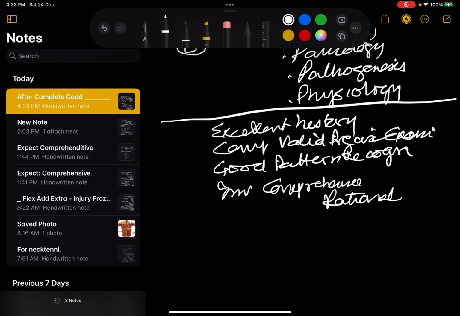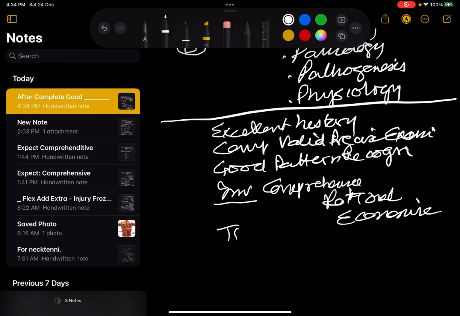That means they'll give you information and are less costly also and economic. Rational and economic. So these are the investigations.